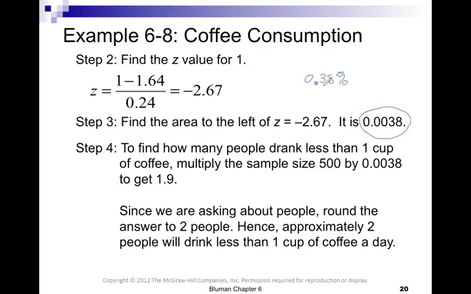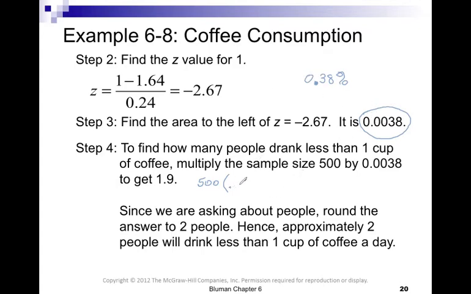But we need to know how many people that is from a sample size of 500. So we're going to have to multiply. We want 0.38% of 500, which means we're going to have 500 times 0.38%. And remember, when you're doing a percentage, you move the decimal place back 2 places to the left.